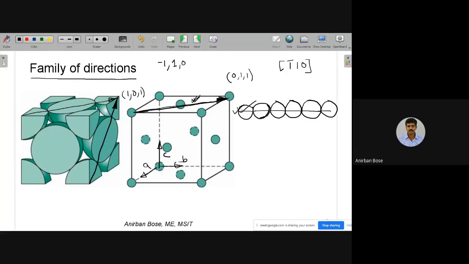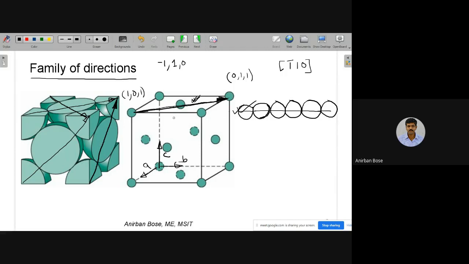The atoms along that directions are in contact. Similarly, if you consider this direction along this diagonal, so all the face diagonals in all the 6 faces, you will find the different directions, and all are physically similar because along that direction atoms are in contact. So all these directions are in the same family.